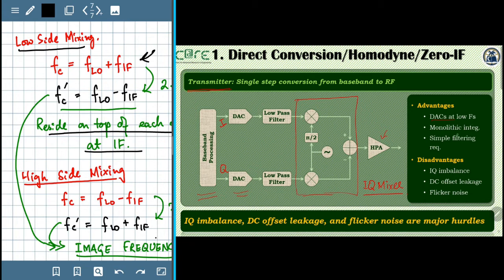Secondly, the IQ mixer and low pass filters can be integrated into a single chip, and that leads to a monolithic integration possible of such a transmitter. And finally, the filtering requirements are much simpler here. There is only a low pass filter that needs to filter out the images at the integer multiples of DAC sampling frequency.